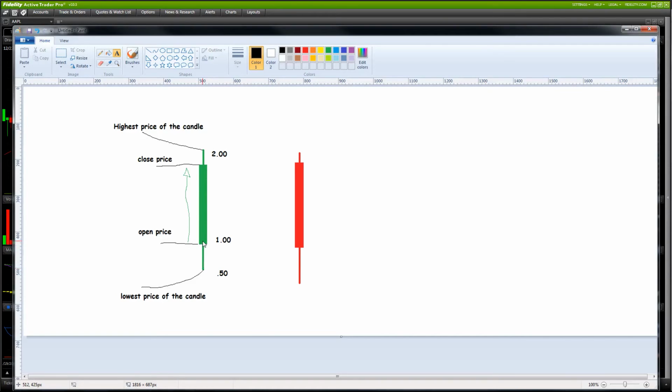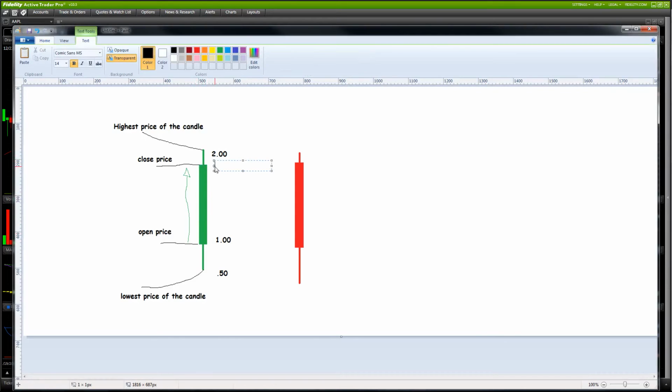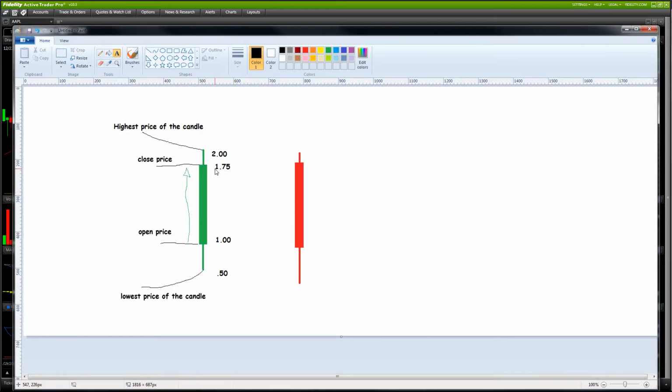The price at which the candle started that 15 minutes is $1. The price at which the candle ended its 15 minutes, we'll call it $1.75. So that's the price at which the candle closed, and the highest price that the candle went to in that 15-minute duration was $2.